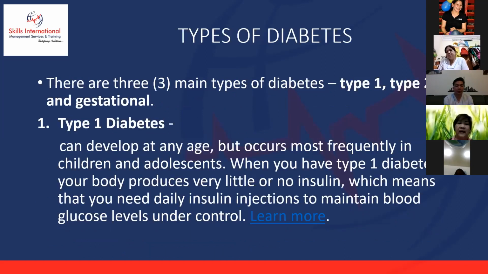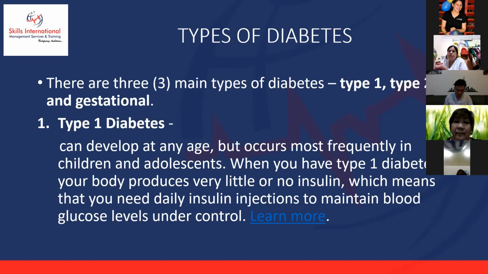Okay? There are three main types of diabetes: type 1, type 2, and gestational. Among these three types, we will see which ones are predominant in the population of the world. Number one, we have type 1 diabetes. Type 1 diabetes can develop at any age, but occurs most frequently in children and adolescents.